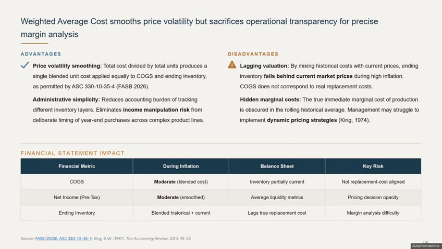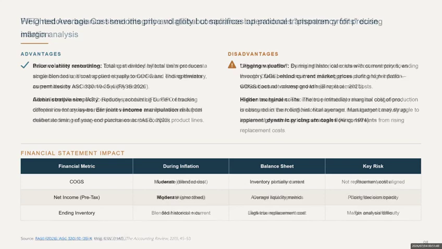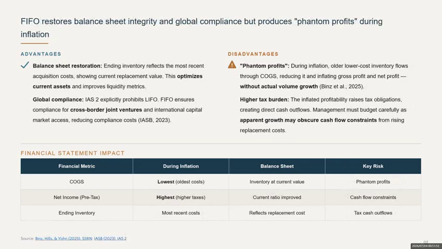The principle of the first in first out, FIFO, method is that cost is allocated according to the actual purchase sequence. A method that effectively addresses the distortion inherent in the last in first out approach.